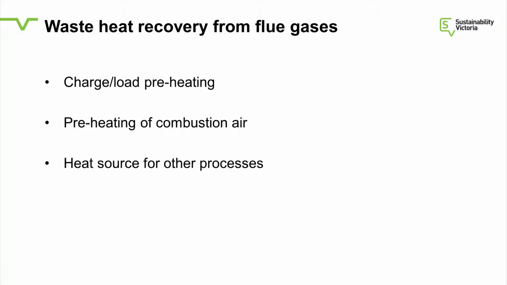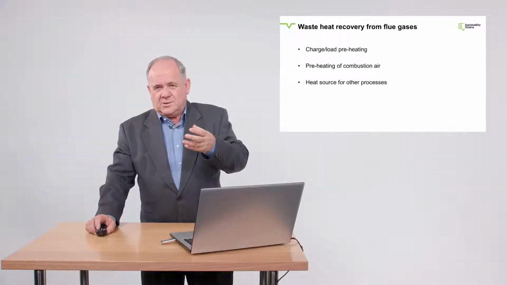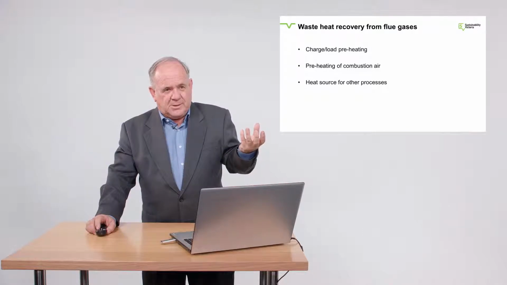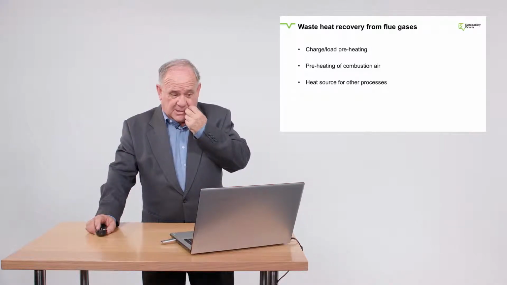So that means that the gas burner doesn't have to heat it from ambient. Some people heat the combustion air. So if you've got air and gas mixing to burn, and you've recovered the heat and you're preheating the air to the burner, that obviously reduces the amount of fuel that you use because you've already preheated the air. You're not using gas to heat that air again.